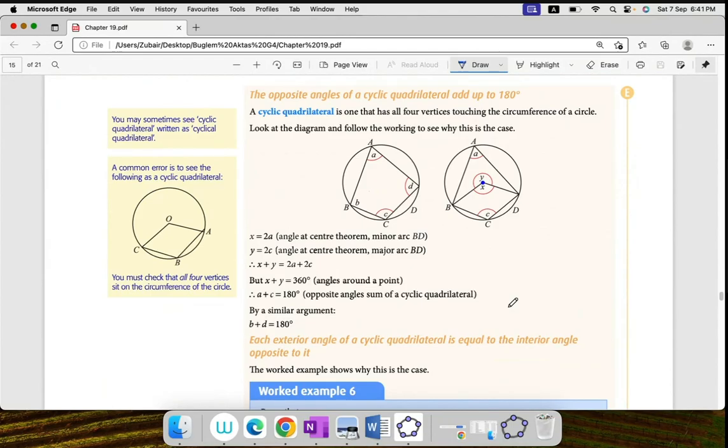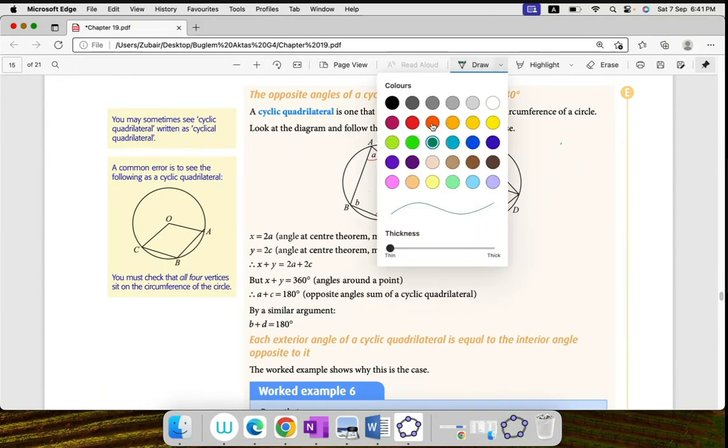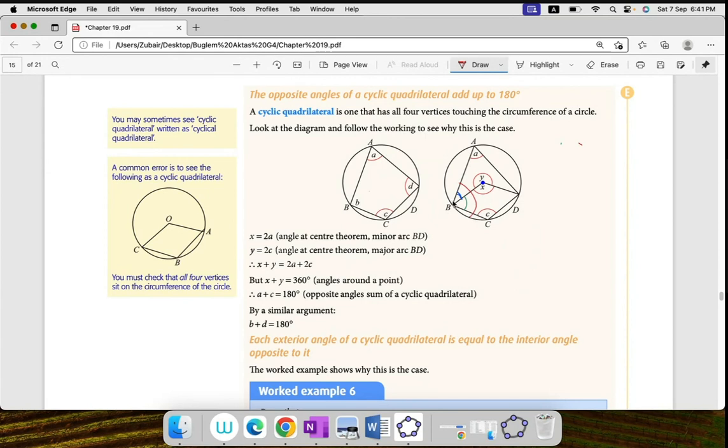Now, in this case, I cannot say B and D. On the left hand side, B was clearly one angle, but on the right hand side, if I talk about B, I'll have to be specific about which angle I am talking about. This is the first angle in blue, this is the second angle in green, and this is the third angle in red. I need to specify. Getting the point? This is A, B, C, D. If I'm talking about B, is B a 90-degree angle? Actually the magnitude is not given, so we cannot comment.